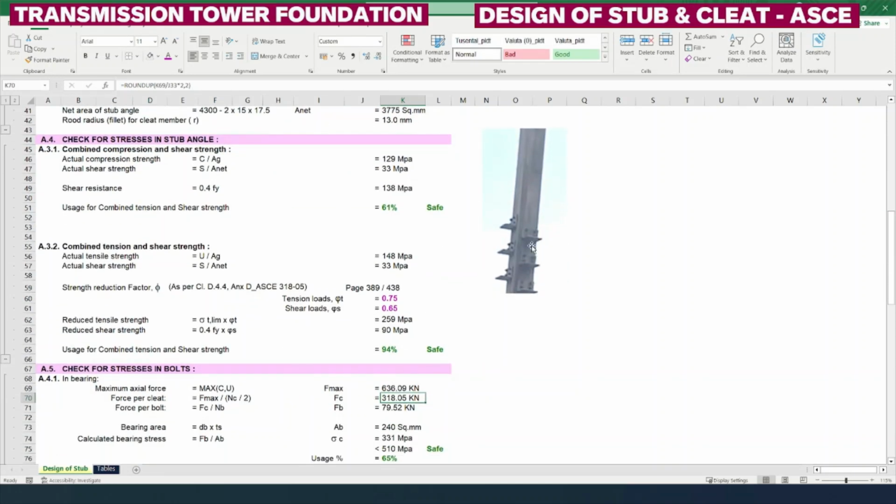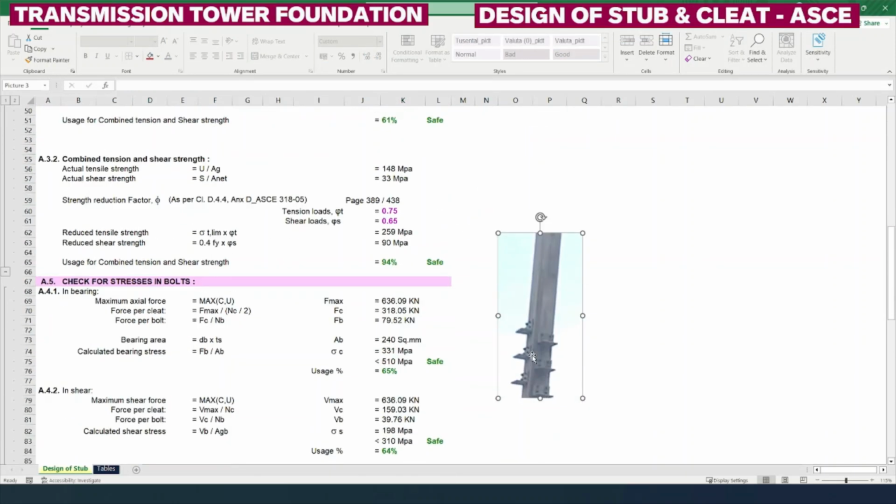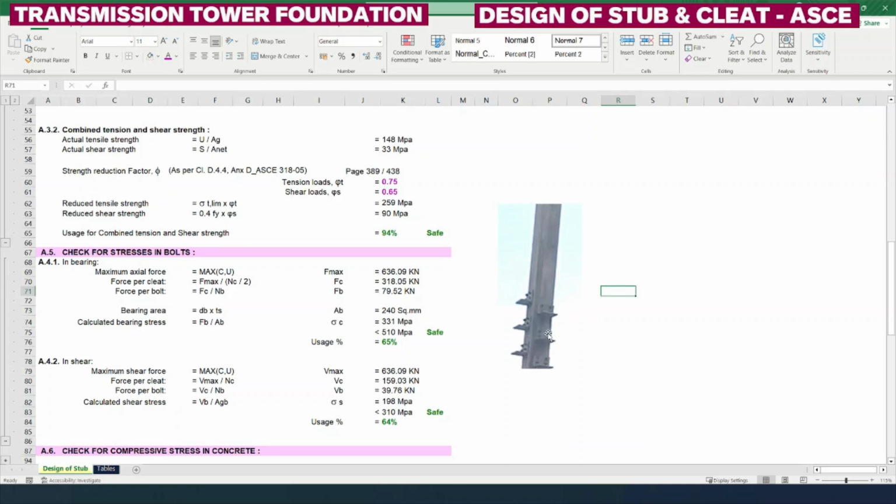Two means 50% of the number of cleats which we had considered as section properties. Why is it so? Because you can see in the picture there are 6 cleats. On one side there are 3, on the other side 3. It means whenever we are considering 4 cleats, only 2 will come on one side of the main stub, and in the other direction, perpendicular to the flange which is fixed in one direction, there are another 2.